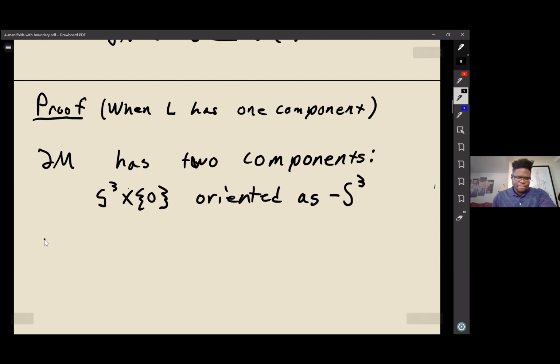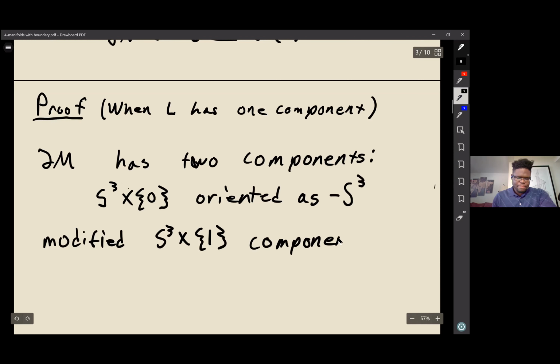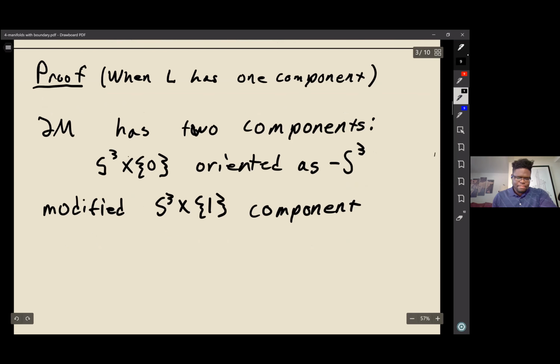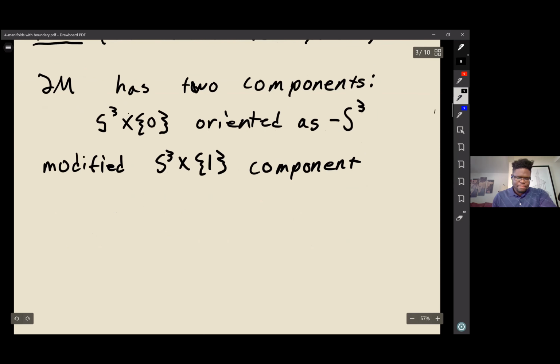And then there's the modified S3 times 1 component.